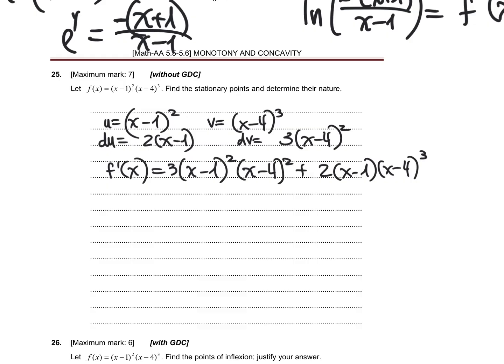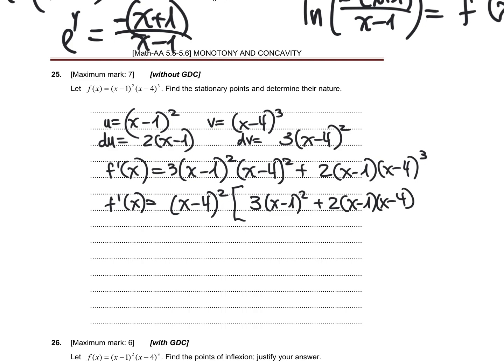And if we factor out an x minus 4 squared, that's going to be 3x minus 1 squared plus 2x minus 1, and we need one more x minus 4.